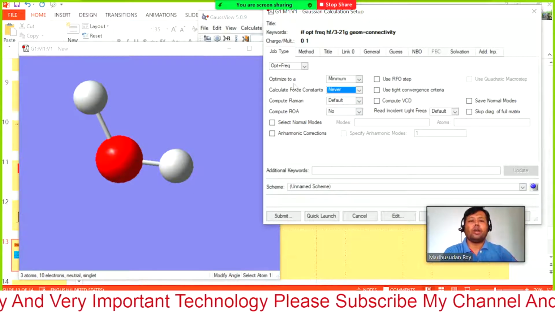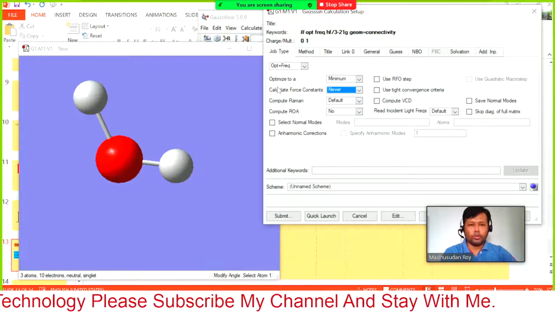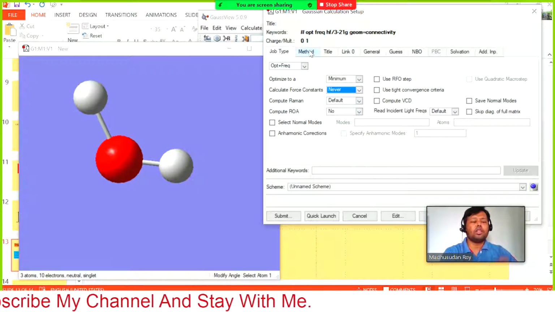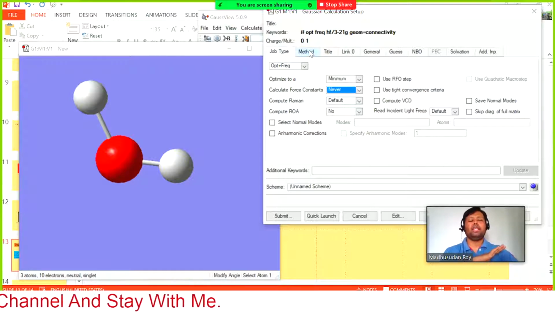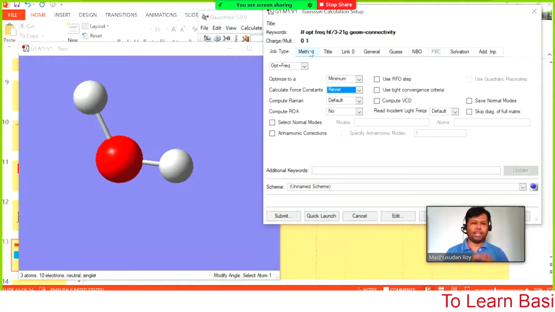Now this is our interest, what we want to do out of this. You have to select some method. There are hundreds of methods for this program, so you can use very high level or very low level accuracy.